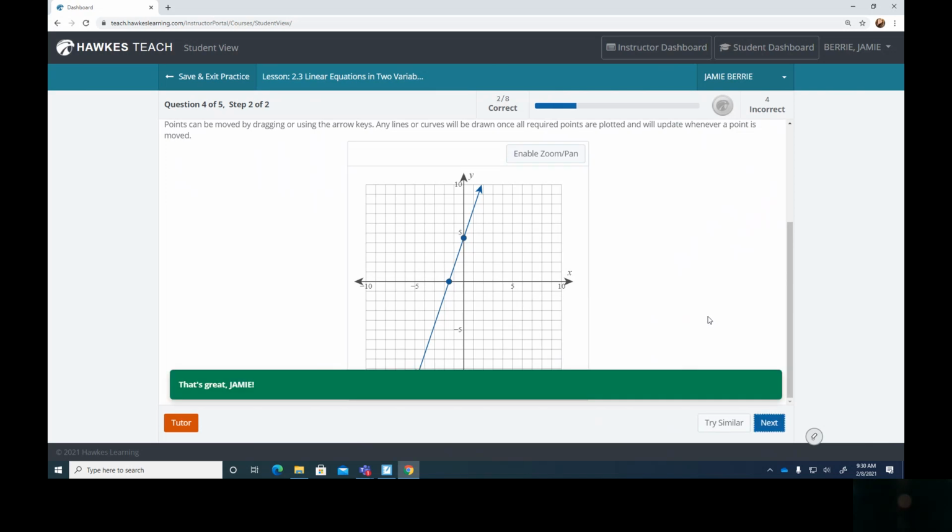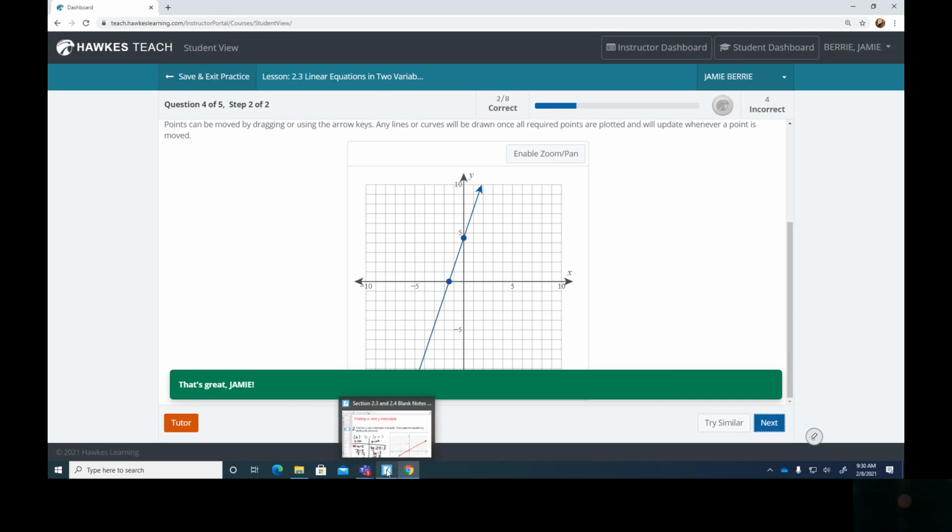This is like the easiest graphing tool I've ever seen on a homework system. It's going to pop up a point in the middle, and you just drag it to wherever your intercept is. It looks like it's okay with it being approximate, and that'll automatically bring your line up.